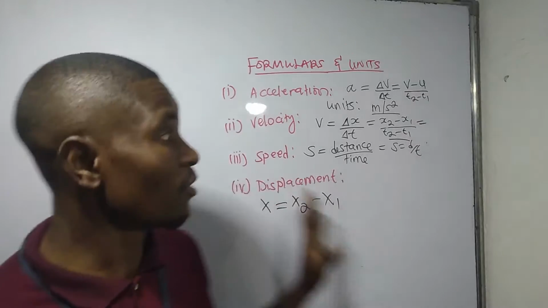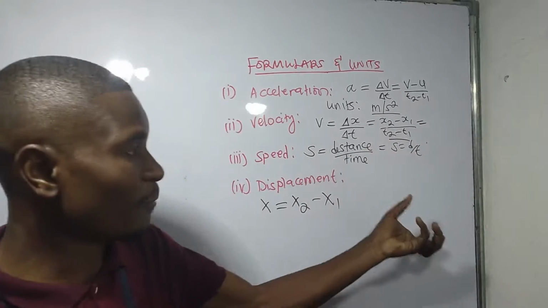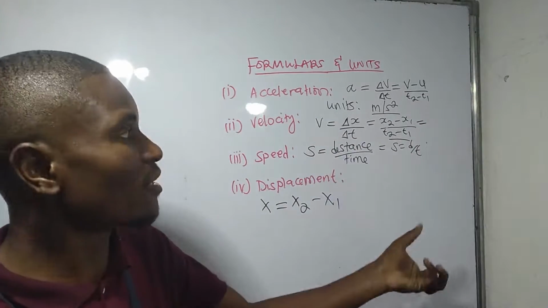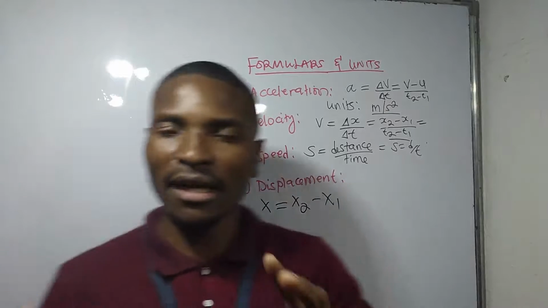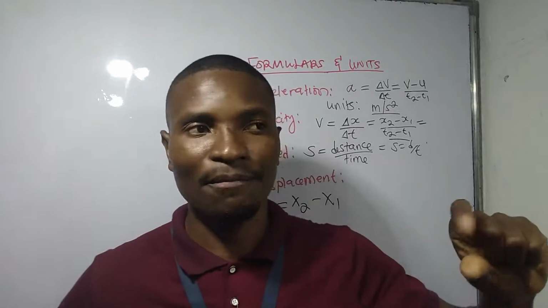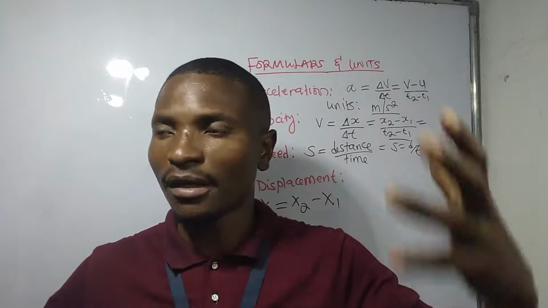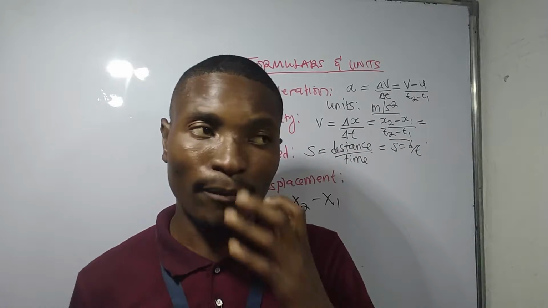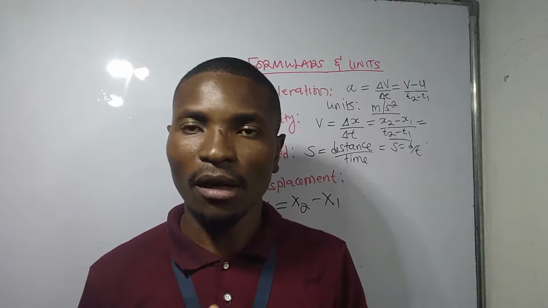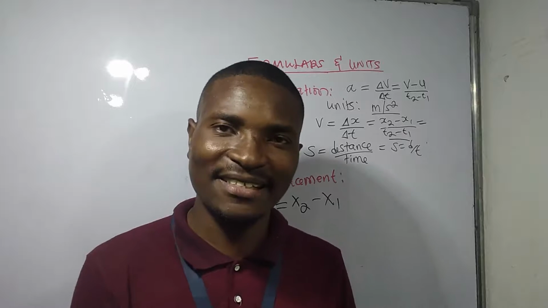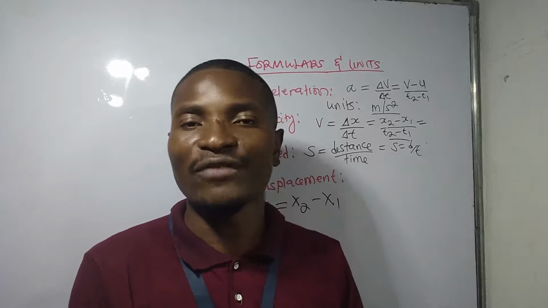These formulas are by definition, but there are also what are known as Newton's equations of motion. There are about 3 or 4, and that is what you will look at in the next video.